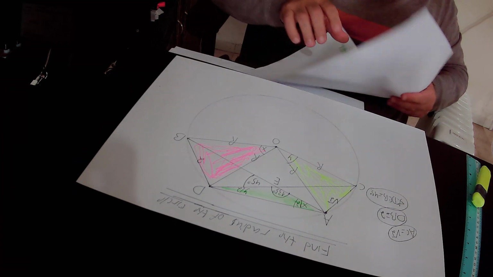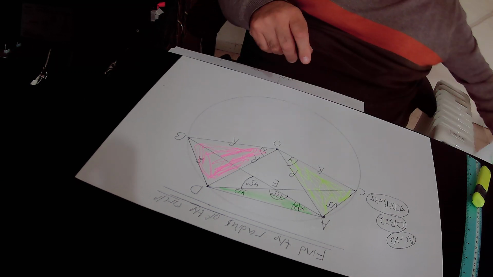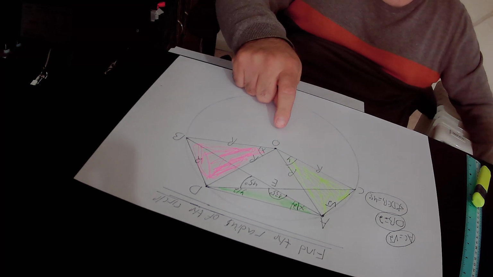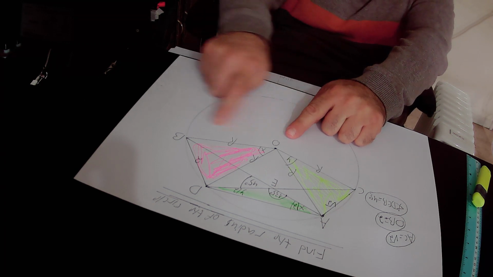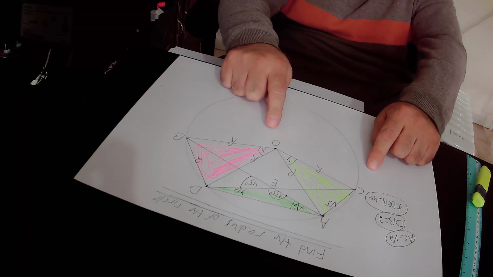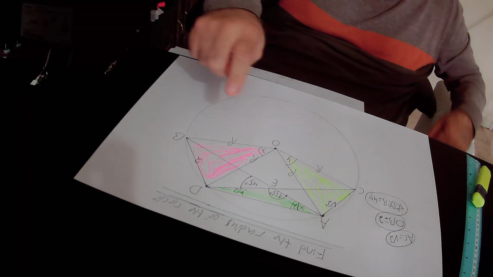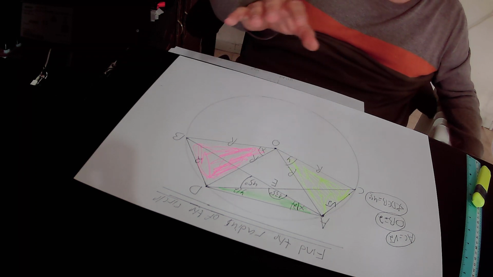Okay, so in the next step, we defined the center of this circle at this point as O. We joined points O and B, points O and D, points O and A, and points O and C by a straight line. So those 4 line segments, OB, OD, OA, and OC, are all radii of this circle. Why?